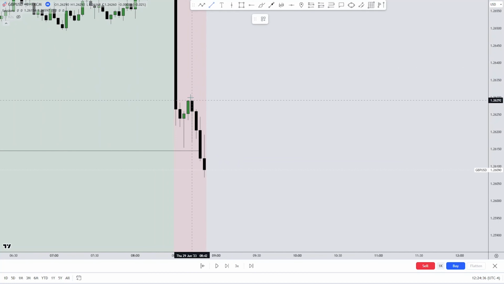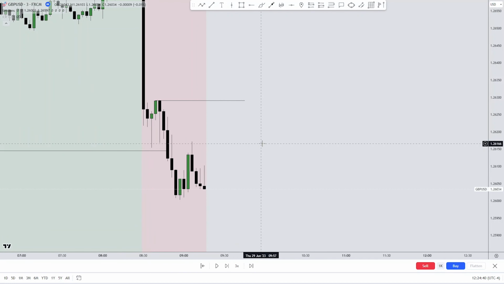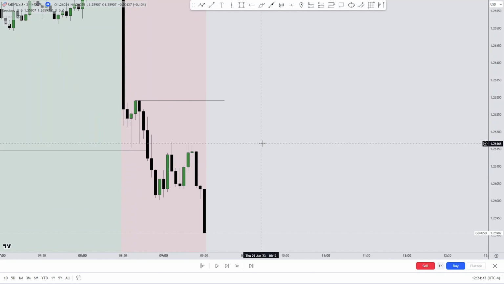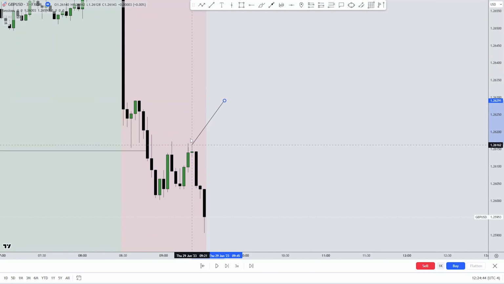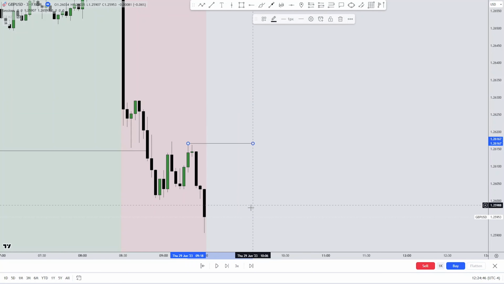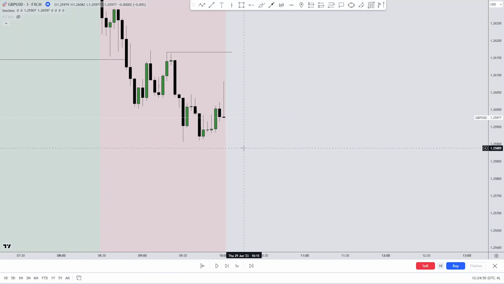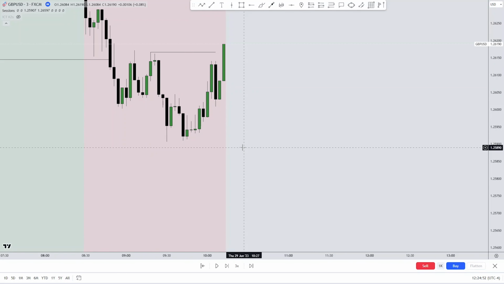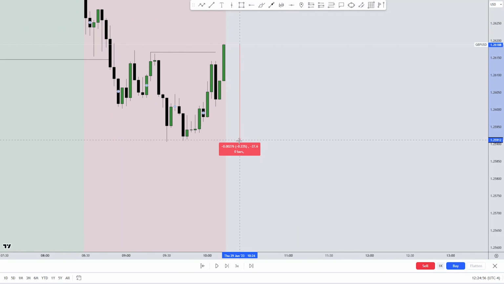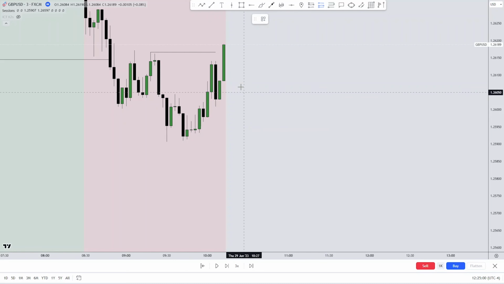Now the change of character would happen exactly right here, and we keep moving forward. And now the change of character would happen exactly right here. And there we go. We did change character indeed, but from here until here it is 29.9 pips.